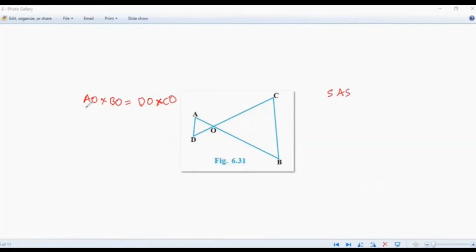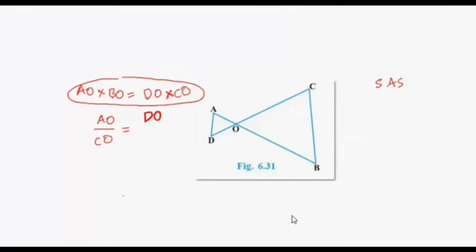How? Here we can rearrange this given equation. AO into BO is equal to DO into CO. Take AO by CO is equal to DO by BO. Okay, we got AO by CO is equal to DO by BO. And also look in the picture. Here angle AOD and angle COB are opposite angles. They are equal.